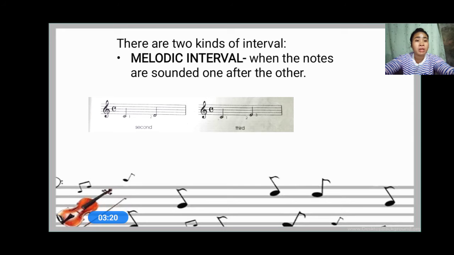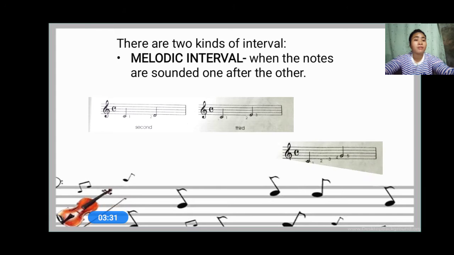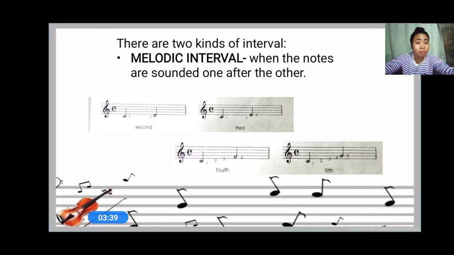The third melodic interval. I'm just going to show you the melodic interval. We began at second and then third, and then the fourth and fifth. Please remember where the notes are drawn.